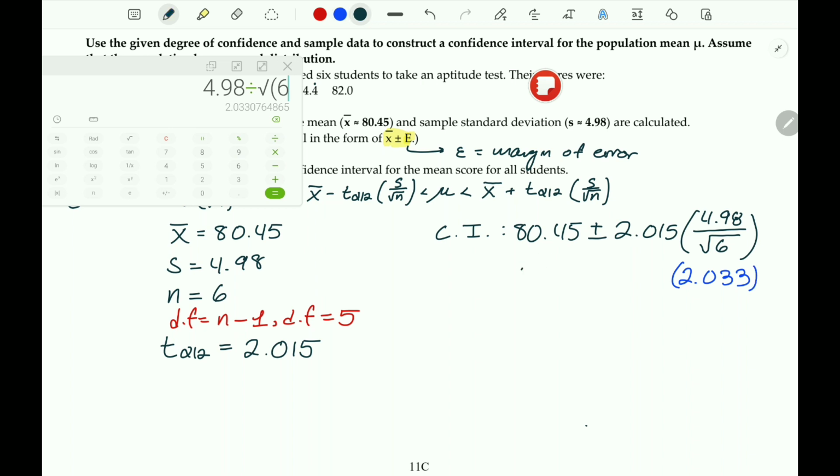Let's bring down everything else. 80.45 plus or minus 2.015. Let's multiply 2.015 with 2.033 and take 3 numbers after the decimal from that point. So that's going to be 4.096.